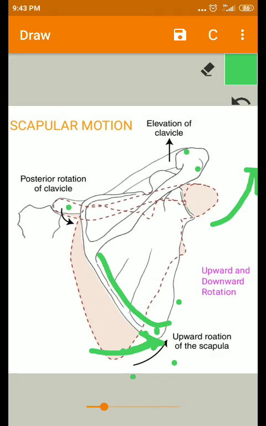That means this upward rotation will have some proportions of rotations or translations in the AC joint as well as the sternoclavicular joint.